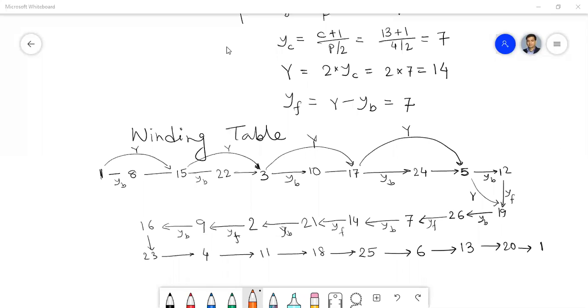Suppose there are two types of application. In some applications we need high voltage, low current, and in some applications we need high current, low voltage machines. Which type of winding do you suggest for which type of application?